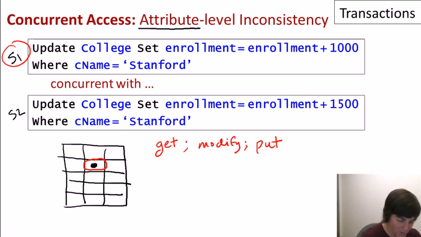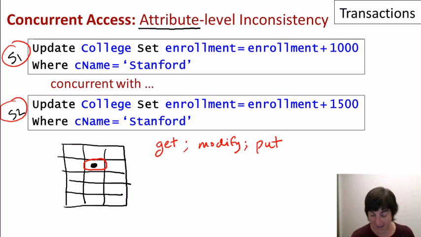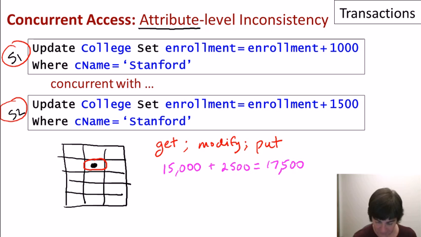So client S1 will fetch the value, add 1,000 to it, and put it back. Client S2 will do something similar, but adding 1,500 instead. Let's suppose Stanford starts out with an enrollment of 15,000, and these two statements are executed concurrently. What are the final values that we might have? Well, if one of them runs before the other completely, then we'll add 2,500 and we'll get 17,500.